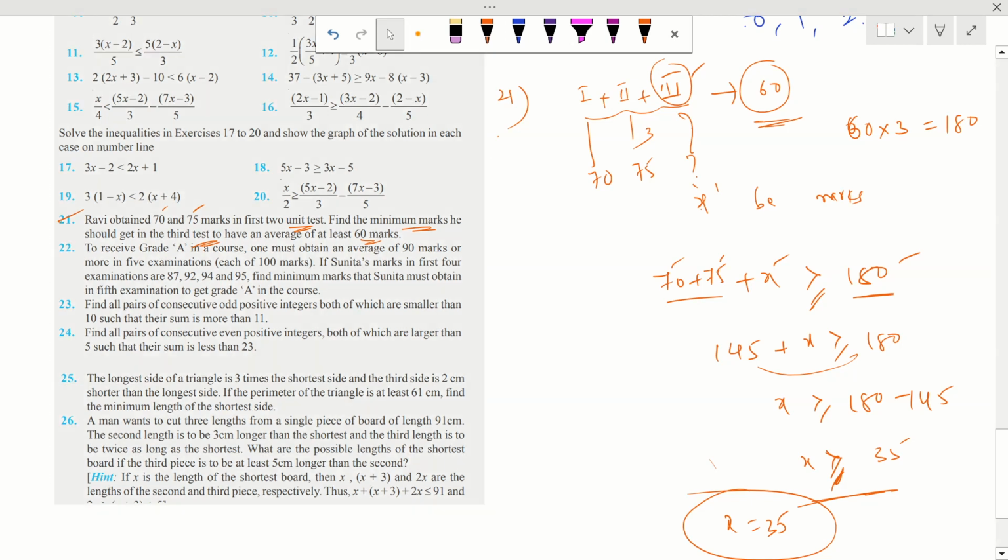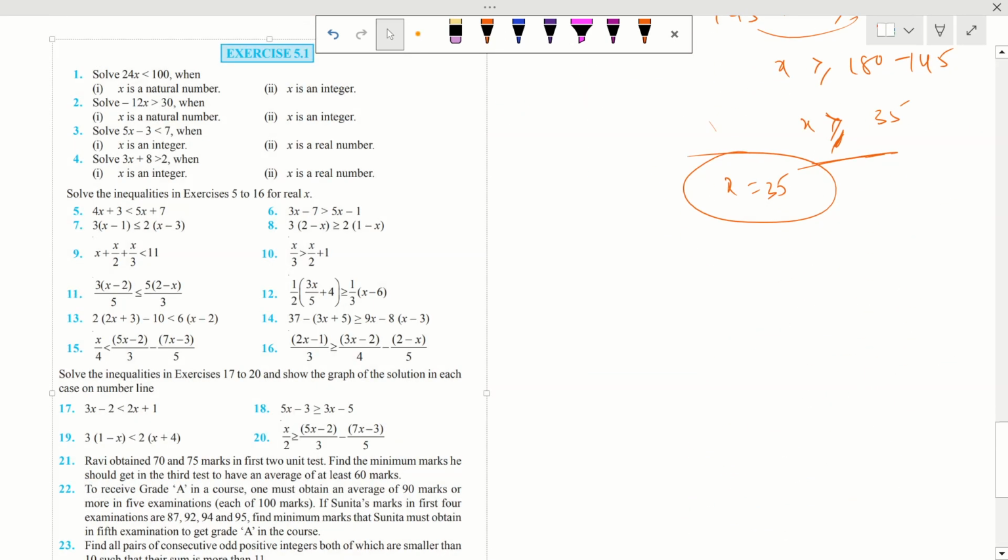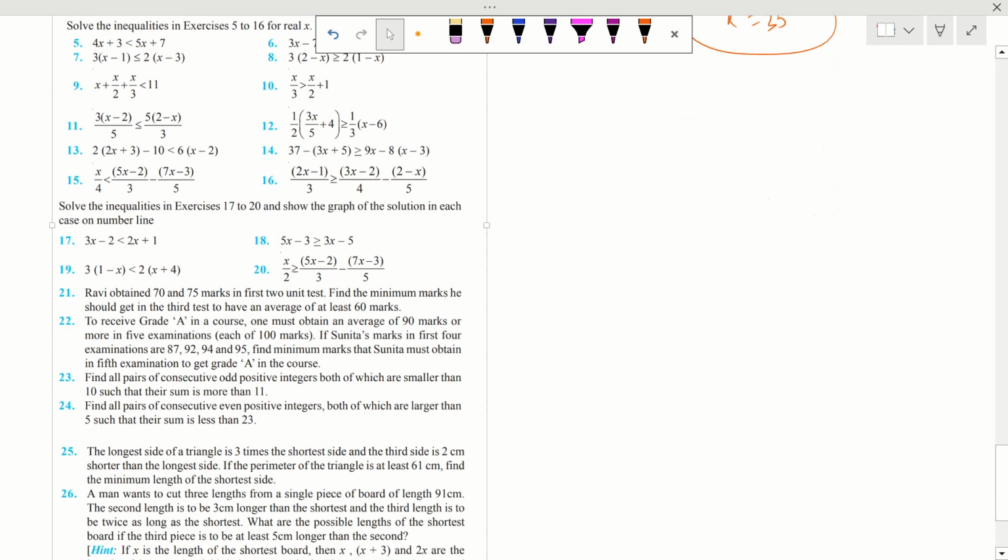Okay, next, come to the 22nd problem. The 22nd problem is given here. See here, to receive grade A, one must obtain an average of 90 marks or more in 5 examinations.